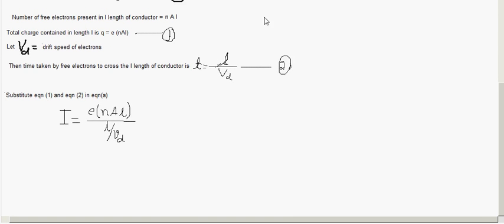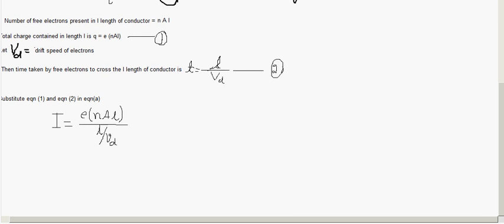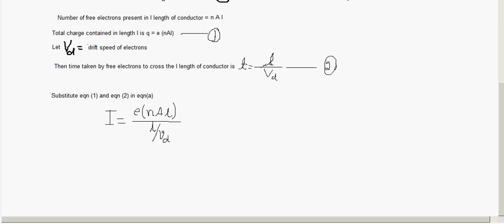L and L will get cancelled. So we can rewrite this equation as I equal to n into e into A into Vd.